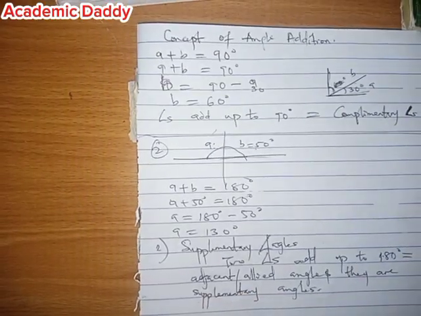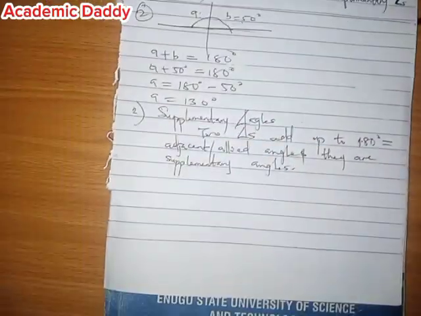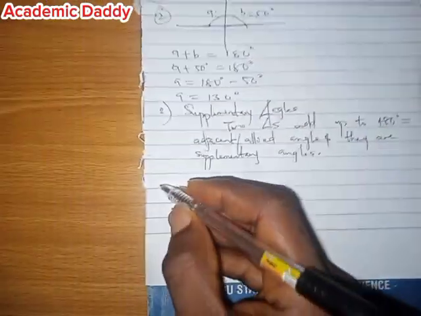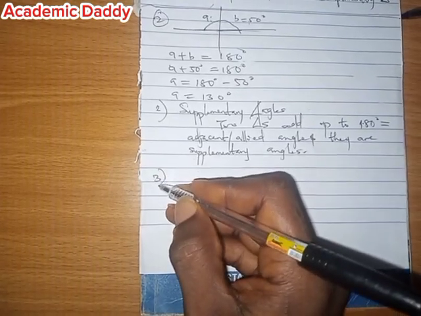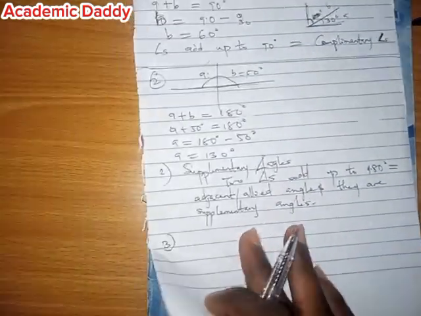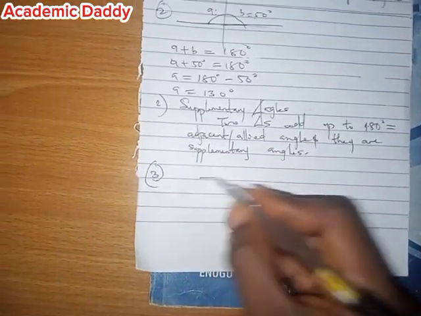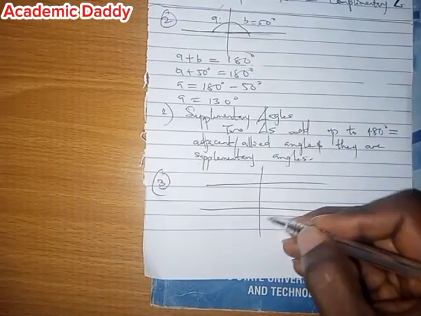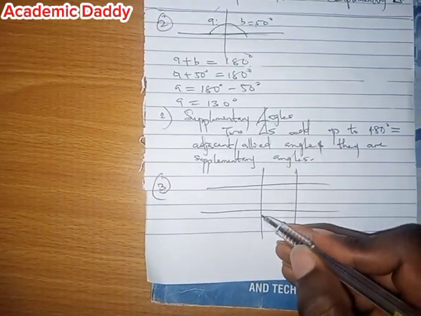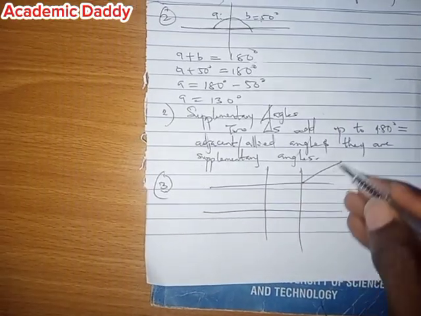So now that you know this, you need to know that in order to identify angles, let's say I have this, and this, and this, and let's say I have something here.